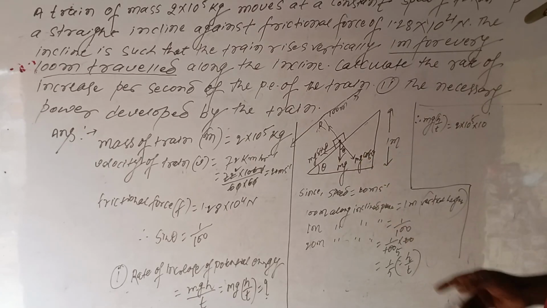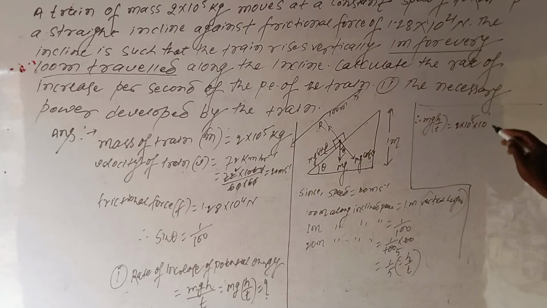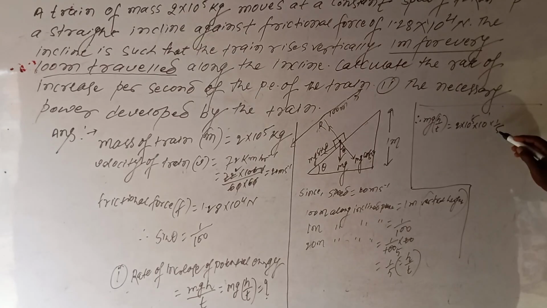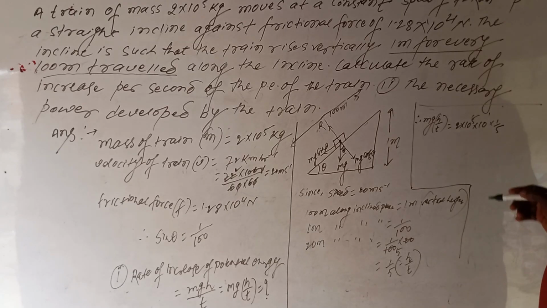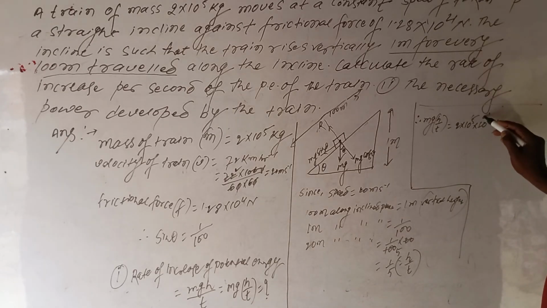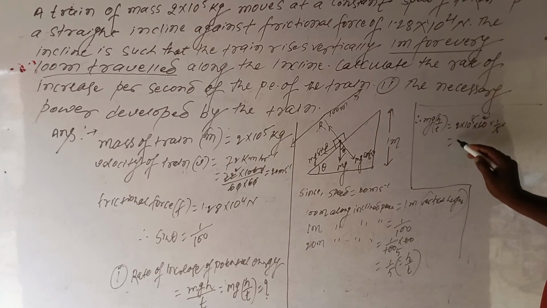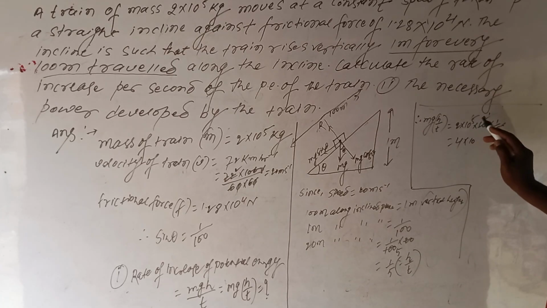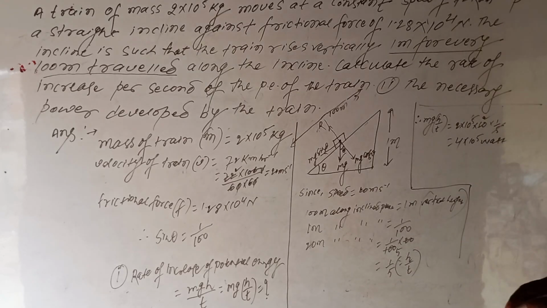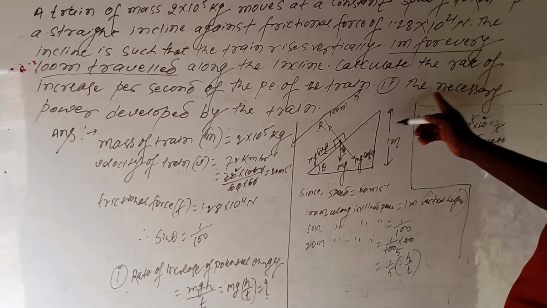The value of the mass is 2 × 10^5, g is 10, and the rate of height h by t is 1/5. After doing the calculation, simply by cutting 5 into 10, we get 4 × 10^5 watt.